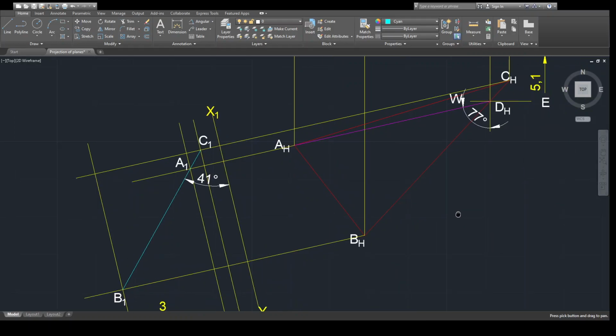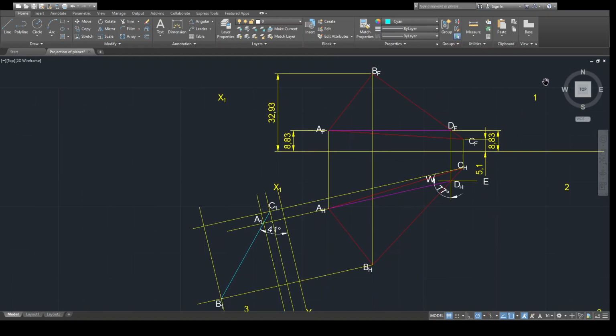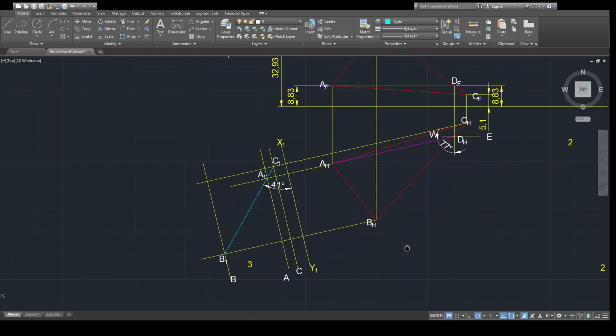So what we have done here, the edge view of plane ABC, is nothing but the dip line. How have we drawn the edge view of plane ABC? By drawing X1Y1 perpendicular to the strike line, that is AH DH, then extending all the projections, then transferring the distances from view number 1, because we are drawing view number 3.